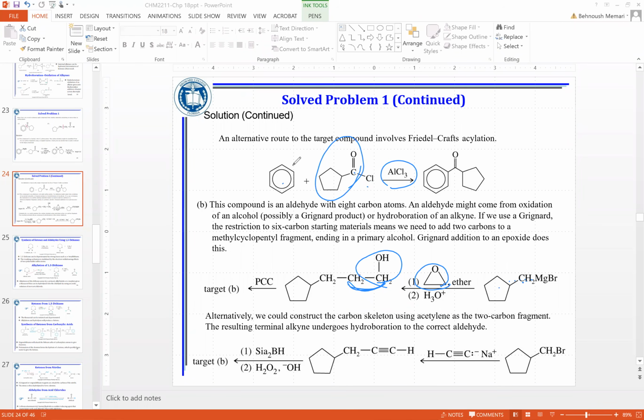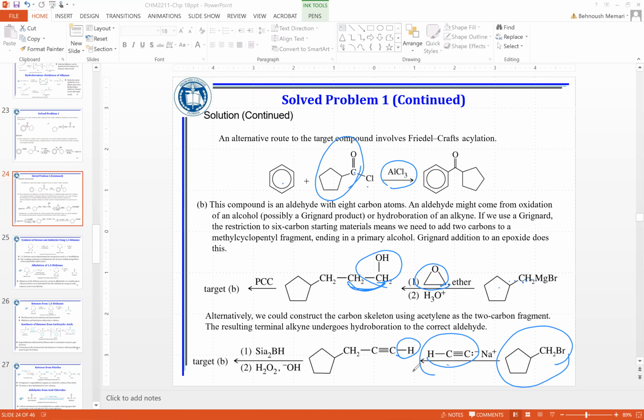Now, if you have acetylene, the hydrogen from acetylene, this is coming from chapter 9, is acidic.